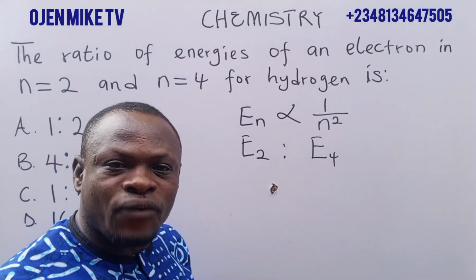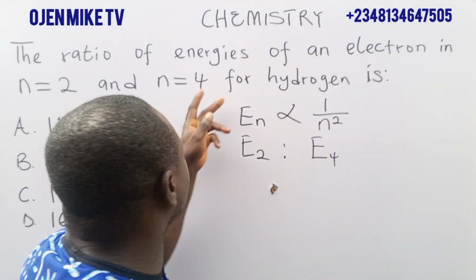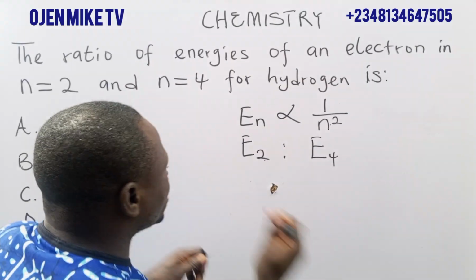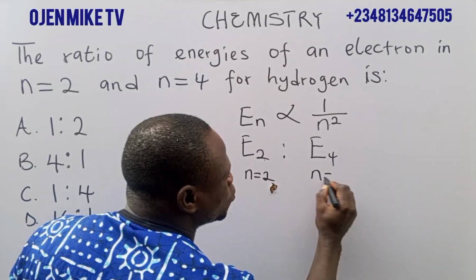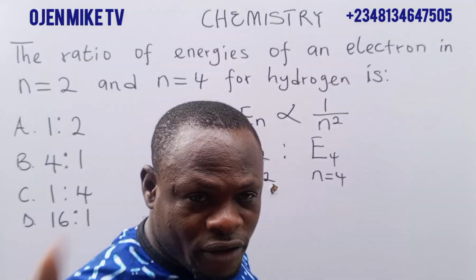And we are now asked to find the ratio of the energy for principal quantum number 2 and principal quantum number 4. Here n equals 2, and here n equals 4. So we subject these into our formula.